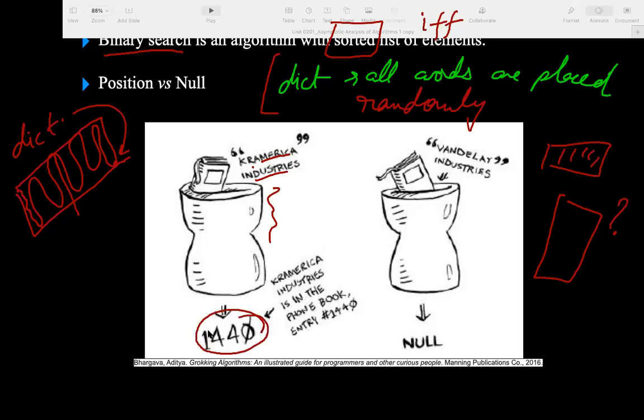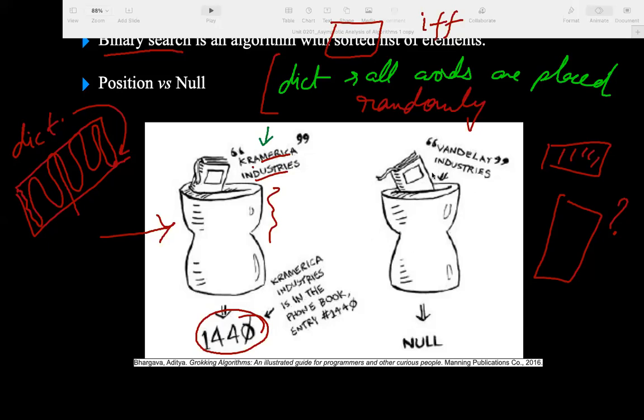So what is our binary search algorithm doing? It will take the query and execute the program, which in this case is a phone book, and it will try to find where it is, and it is going to give us the particular location where that thing lies.